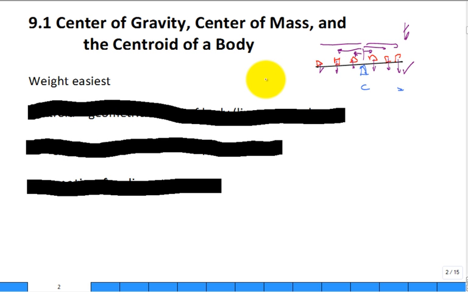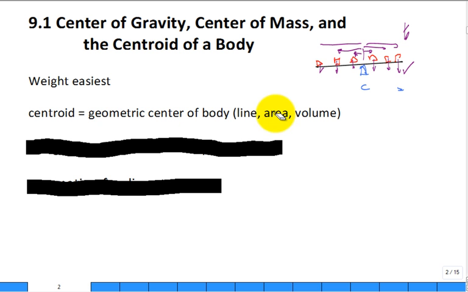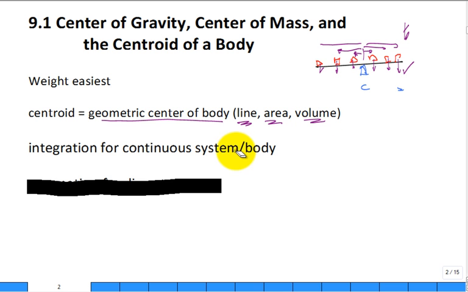So weight is the easiest concept, even though we'll be talking about centroids of volumes and areas. The centroid would be the center of the body, center of a line, area, or volume. We're going to emphasize continuous systems. When you have a continuous system, you must set it up and solve by integration.